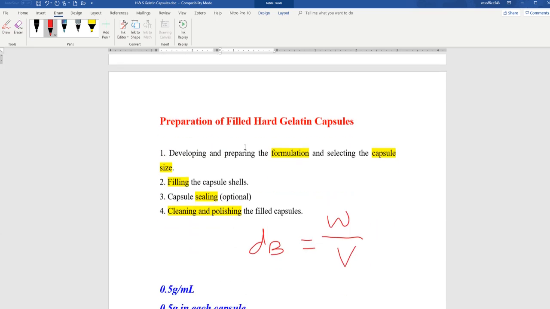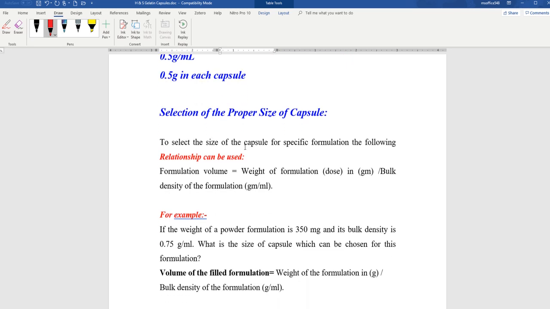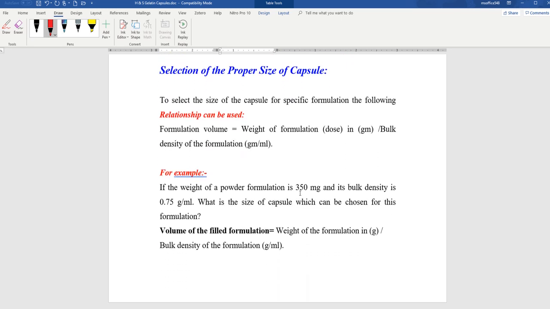Okay, there is another example as you see it in your textbook. Here we need to fill in the capsule from the formulation 350 milligram, notice, milligram. So I need to put this formulation inside the capsule. The bulk density is 0.7 gram per ml.